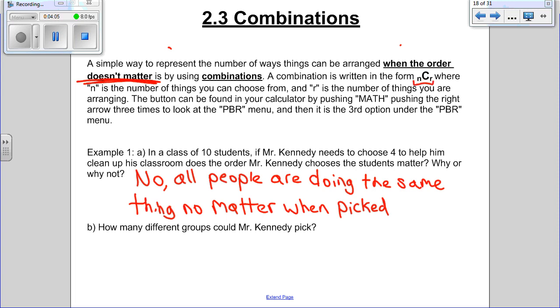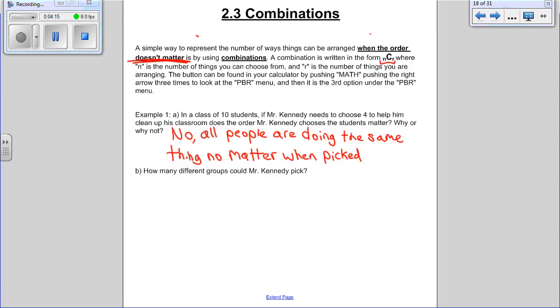How many different groups could I pick then out of that group of 10? What I'm going to show you is what we used to do. We used to say I need 4 people: 1, 2, 3, 4. The number of people I could pick is 10 here, 9 here, 8 here, 7 here.